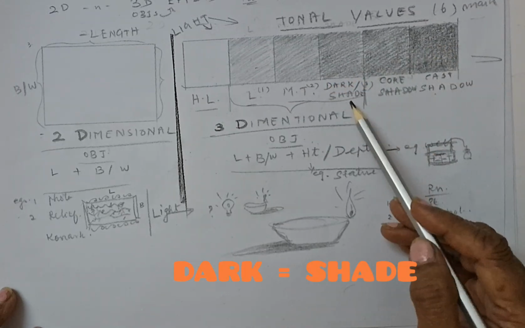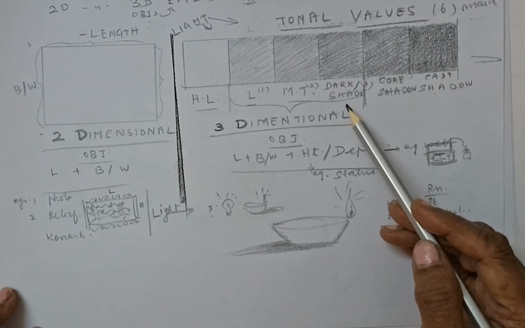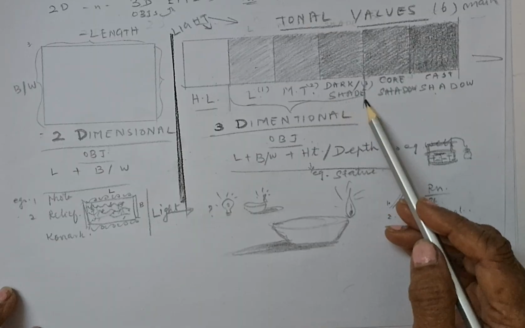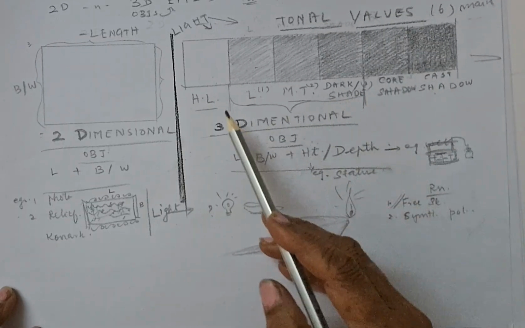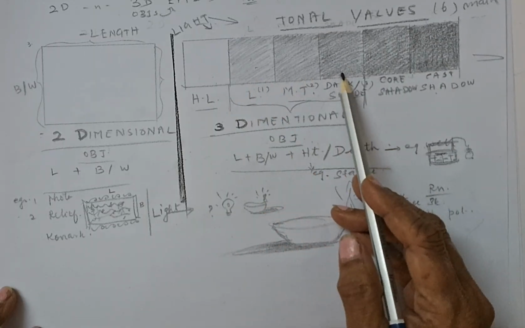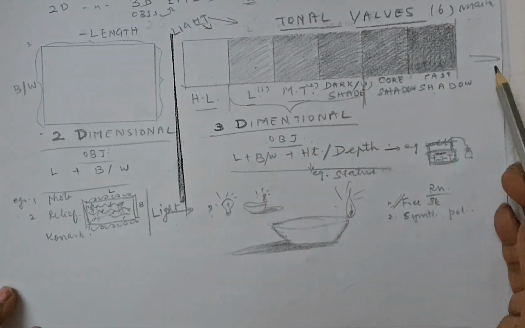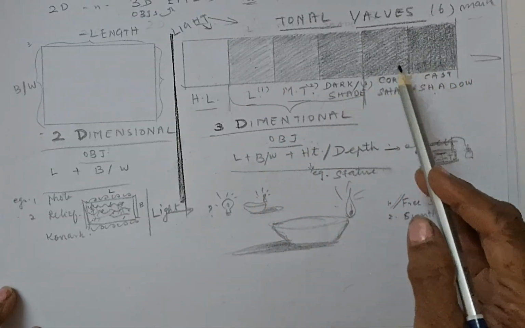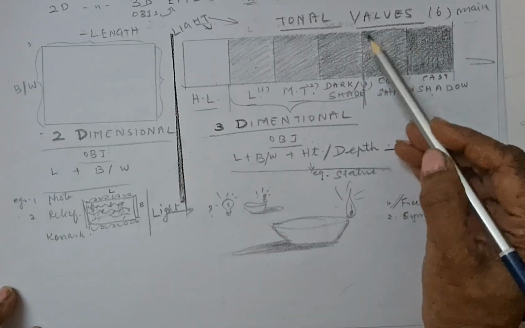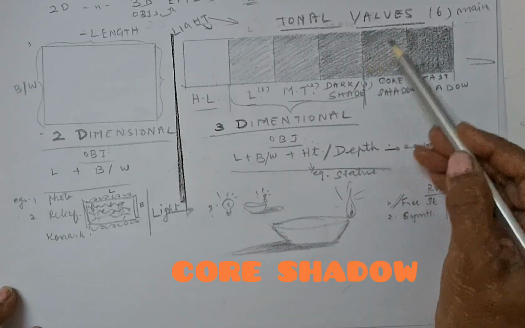Now, shade is a terminology used for dark by artists: light, mid-tone and dark, or you can say light, mid-tone and shade. Core shadow is the darkest portion of an object.